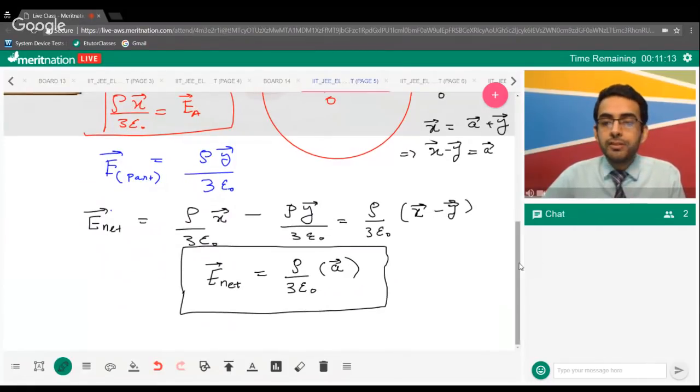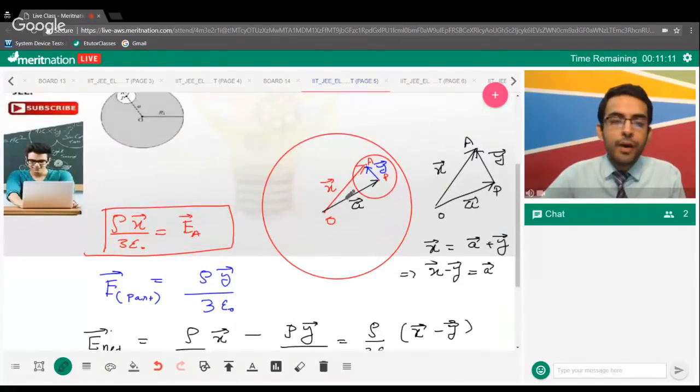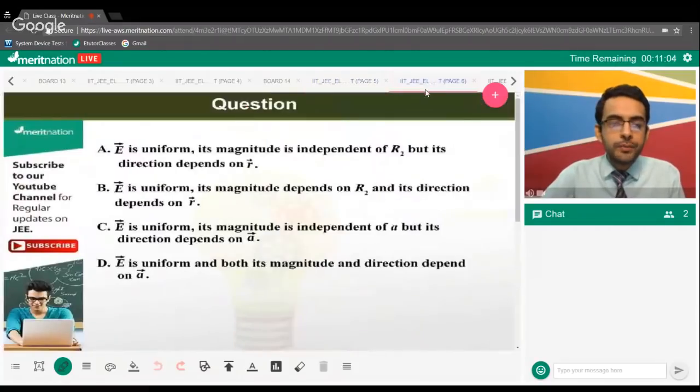It only depends on the vector directed from point O to point P. So which statement is correct? Only statement D is correct in this case, because E is uniform and both its magnitude and direction depend on A vector.